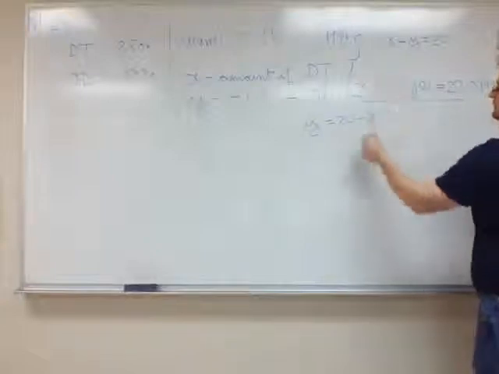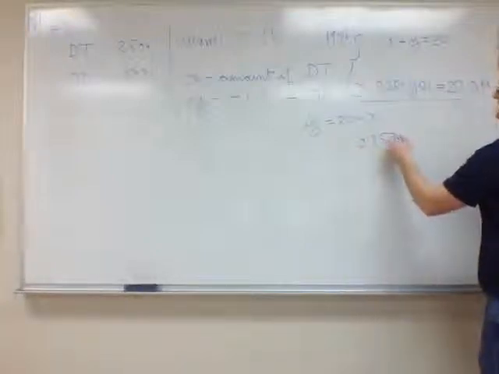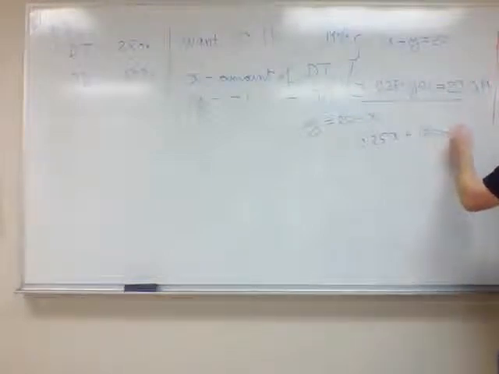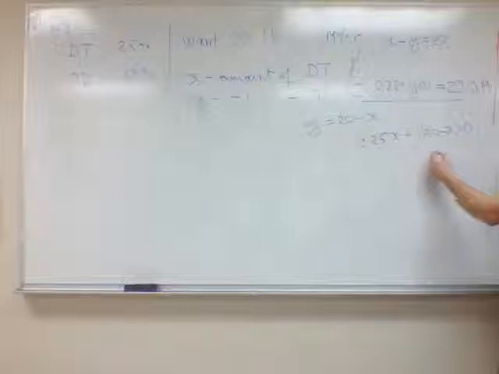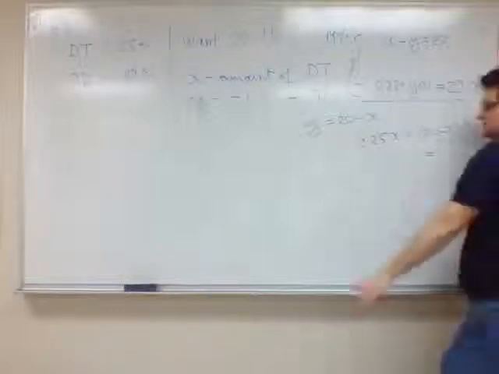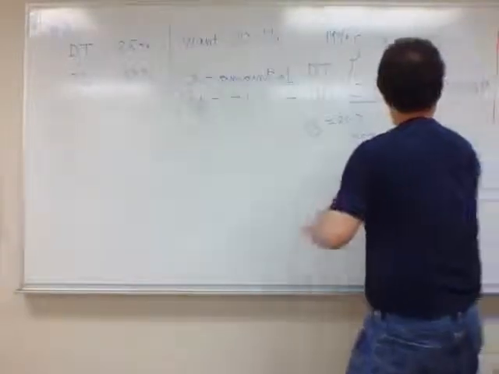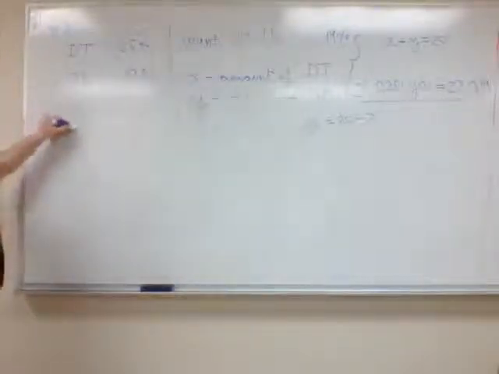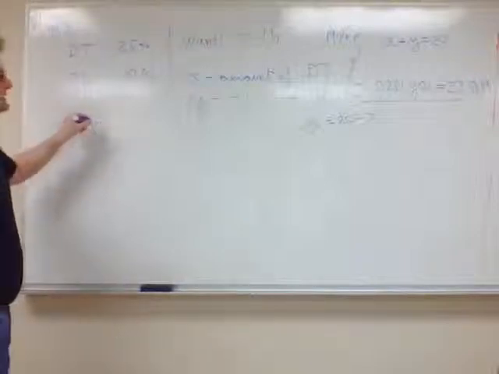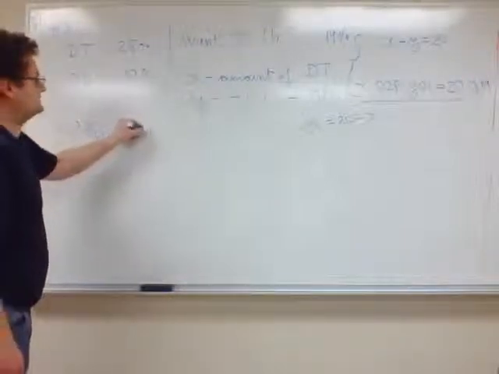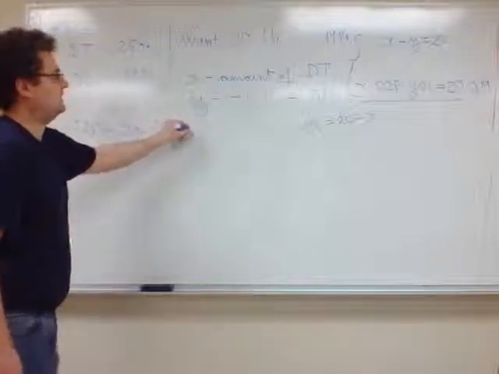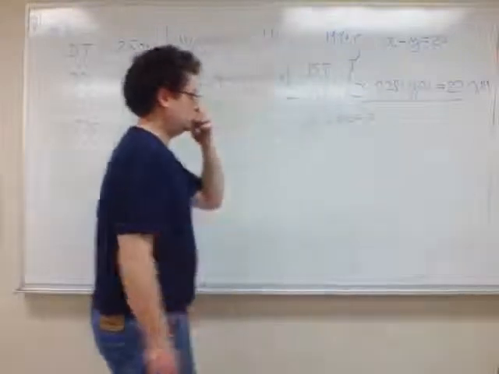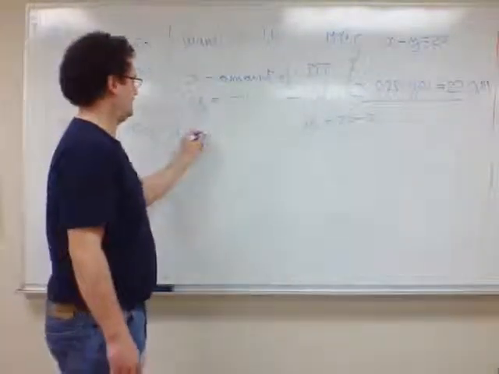So we have 0.25X plus, and then we have 20 minus X multiplied by 0.1 is equal to, and now when you multiply these two, that's 3.8, right?